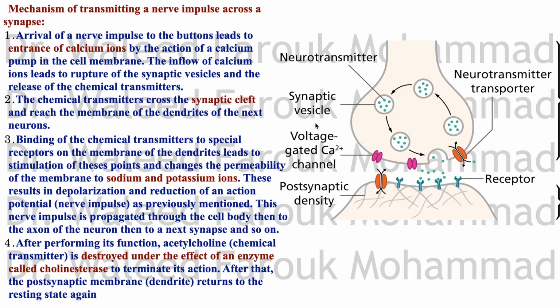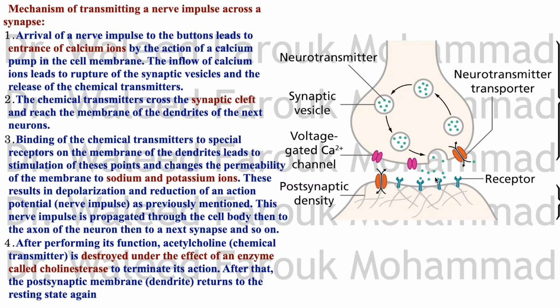First of all, when the action potential arrives at this point, calcium ions diffuse inside and are responsible for the rupture of the vesicles that contain the neurotransmitter. So calcium ions are very important in the release of neurotransmitter. Please don't forget this. Calcium ions influx, meaning they enter inside, affect the vesicles full of neurotransmitters and make them open outward into the synaptic cleft, and the neurotransmitter inside gets released.